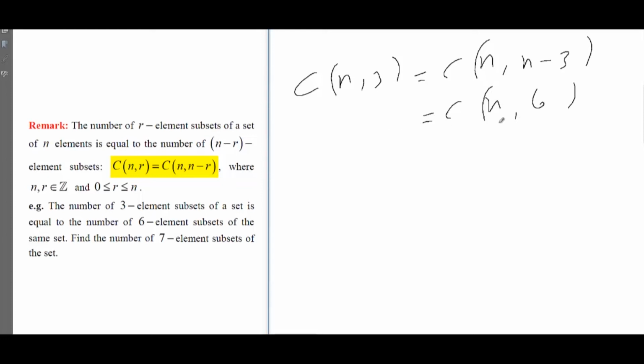So if the total number is n, then n minus 3 will be 6. If we calculate n minus 3 as 6, n will be equal to 9.